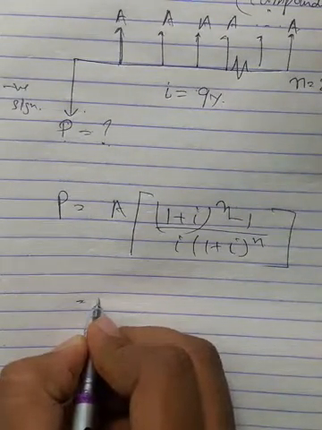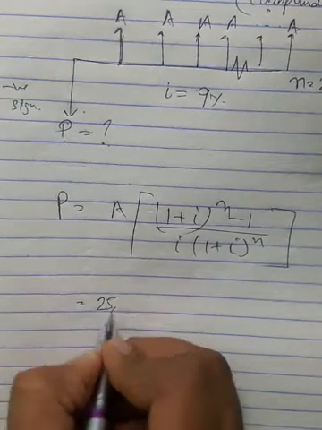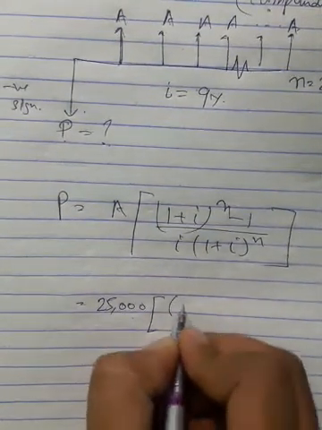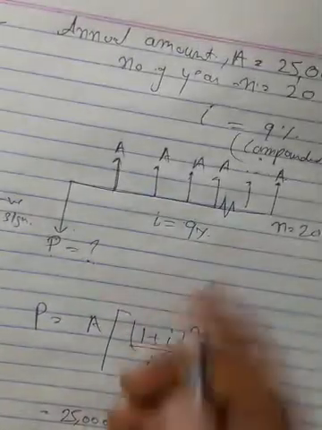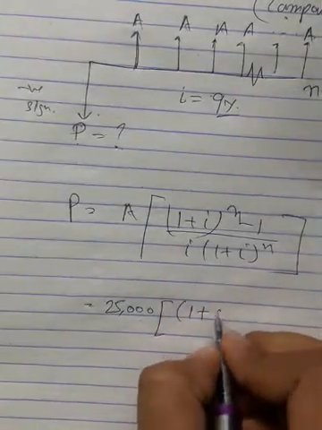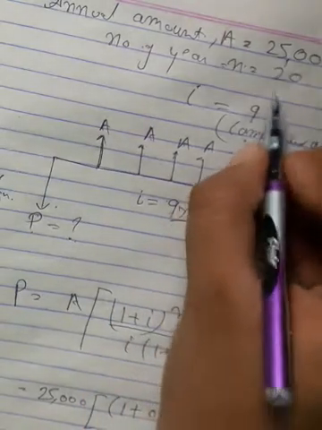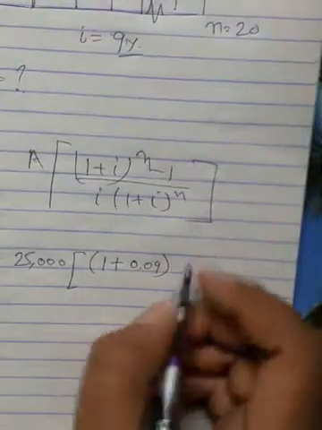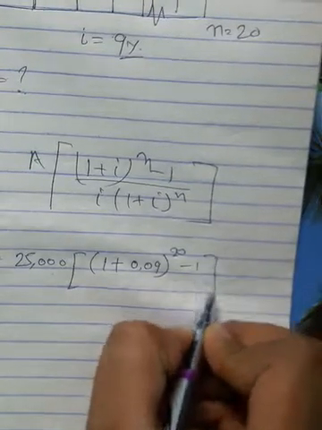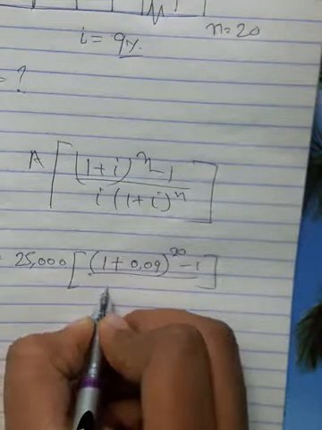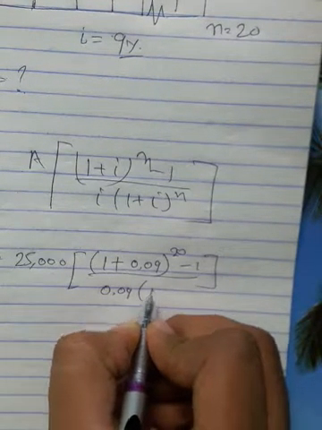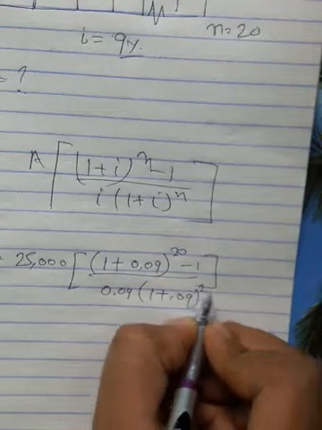So the annual amount A you have is 25,000. 1 plus I, the interest rate you have is 9%, so 0.09, to the power n, which is 20 years. 20 minus 1, divided by I, which is 0.09, times (1 plus 0.09) to the power 20.